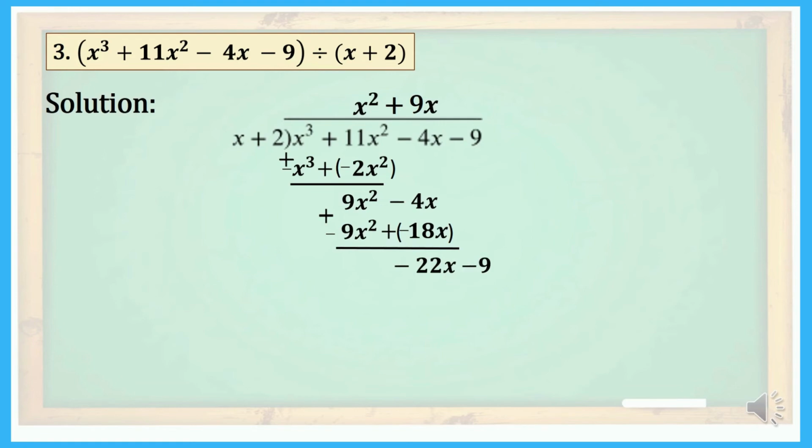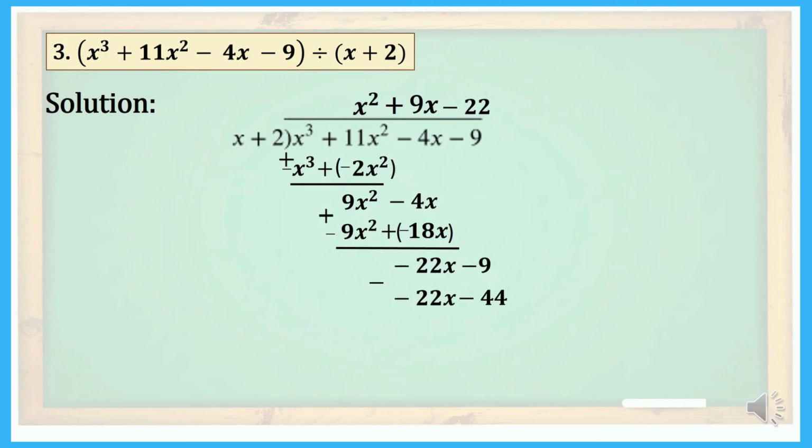So negative 22x, the first term, divided by x. So first term divided by first term. So negative 22x divided by x is negative 22. Then multiply negative 22 to our divisor. Negative 22 times x is negative 22x. And negative 22 times 2 is negative 44.